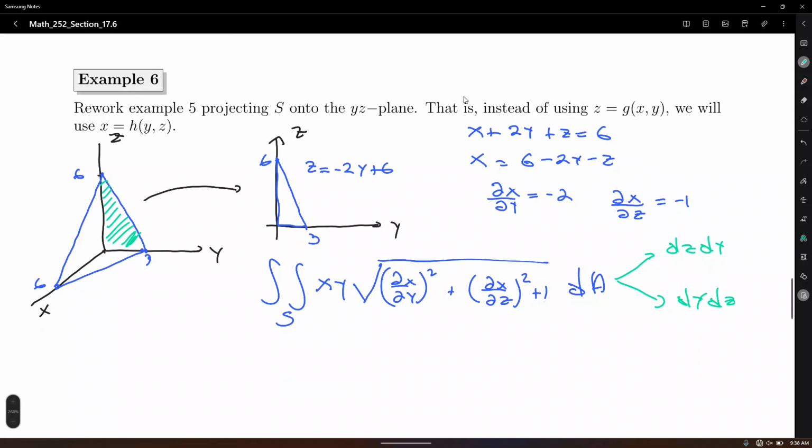All right. Okay, so that is the double integral over the region, no longer the surface, because you already wrote the element of surface. xy, that's the square root of -2 squared plus -1 squared plus 1. Let me do dz dy.